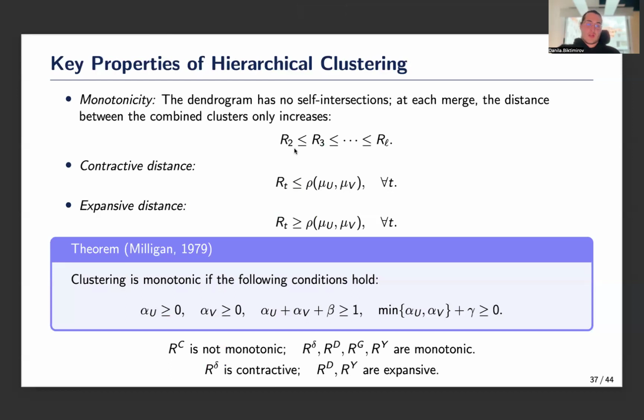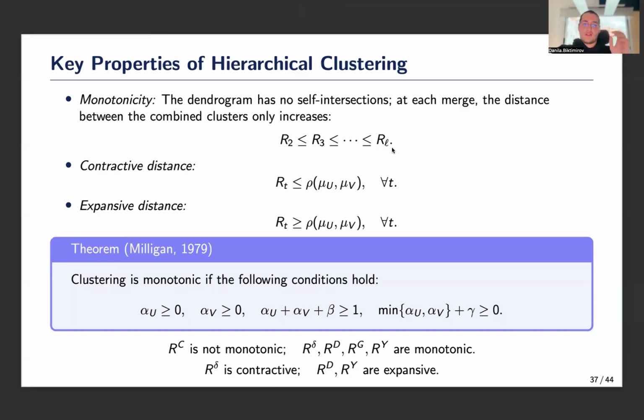Here we have some properties of distances. Monotonicity: let R be the distance between the closest clusters at the t-th step, so on the second, third, and so on.